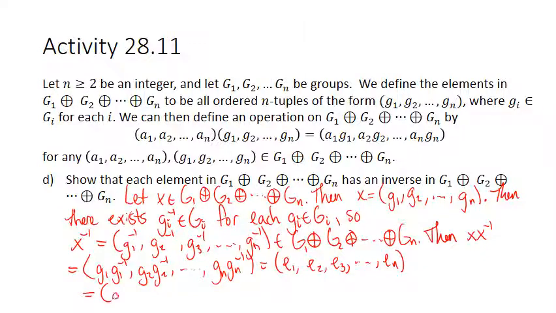So it's also the same as doing g1 inverse first and g1 second, g2 inverse first and g2 second, and so on, up through gn inverse first and gn second. And that is x inverse times x, so that is also the identity. All right, so this shows that they have inverses.